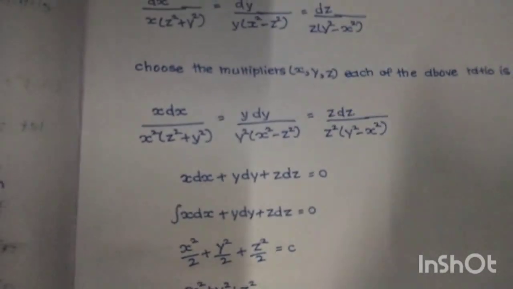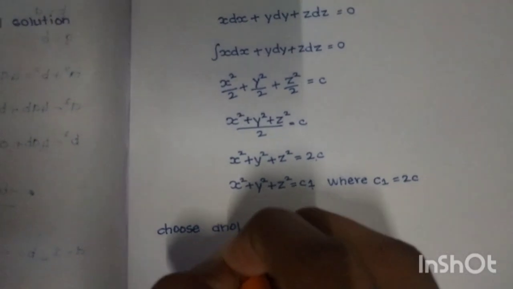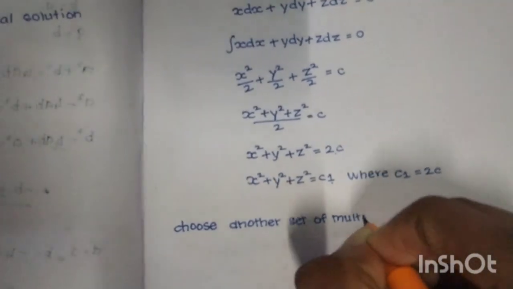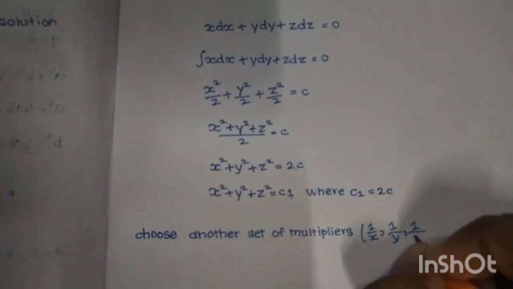We have to choose two sets of multipliers. In one set of multipliers we chose x, y, z. In another set we can choose multipliers which give the addition of denominators as 0. So choose another set of multipliers. I am going to choose 1 by x, 1 by y, 1 by z.